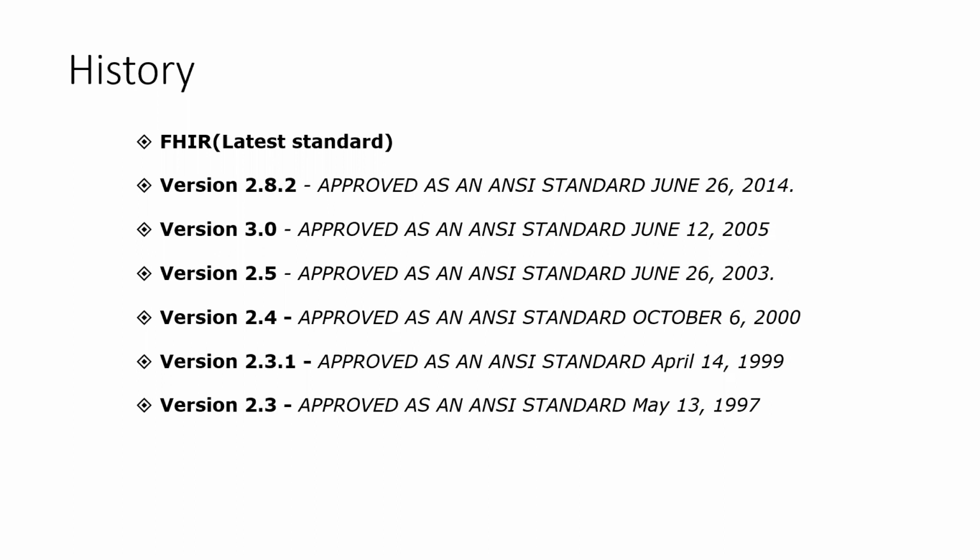But the major release was version 3, released in 2005. Version 3 was not very welcomed by the industry for many reasons. Two to point out specifically: it is tough to learn, because version 3 is a revamp of the entire structure of the HL7 messaging standard. It doesn't look like HL7 V2, so a lot of technical know-how was necessary to understand HL7 V3.